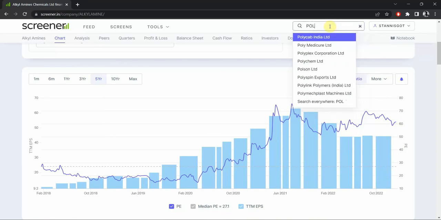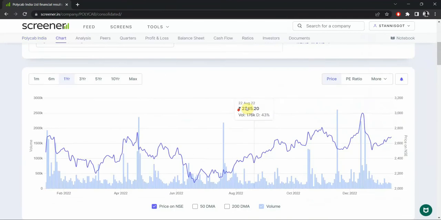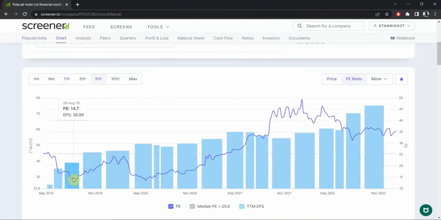Something similar happened with Polycab. In 2019 thereabout, it was trading in that 600 range, right? It used to trade at a PE of 15, and its earnings were around 38, 39.